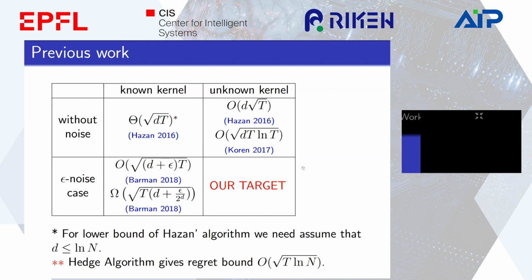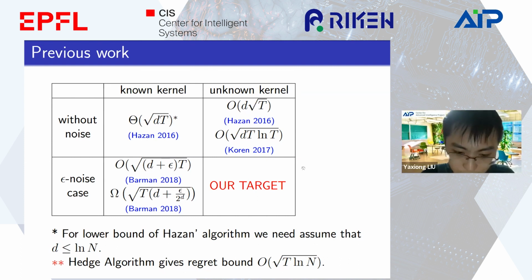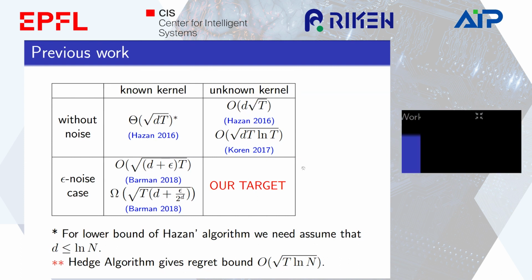If D is very small, it will achieve the regret bound you give. However, if D is larger, for example in the order of capital N, then it will automatically recover the bound of the Hedge algorithm. In this way, you don't need to run two algorithms in parallel, and you will have one algorithm for all the cases.